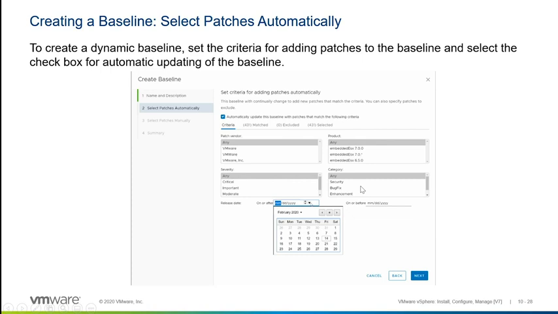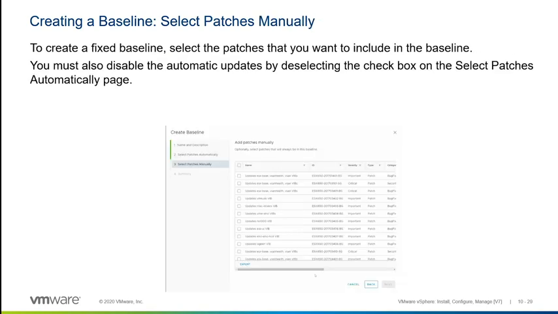Are they security? Are they bugs? Are they enhancements and things like that? I can also choose the release date. Only give me patches that were released since last month, if I choose to do that. Here is where I select patches manually. It will give me a list of all of the patches that are in vCenter's database, and I can simply select the patches that I want to include in the baseline.